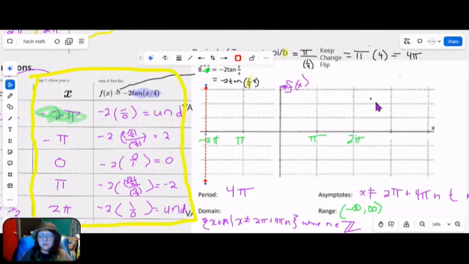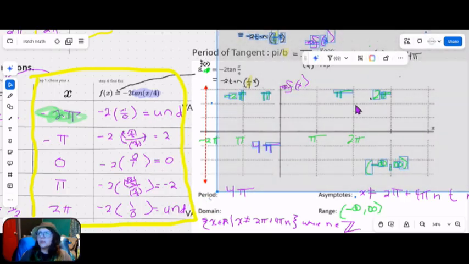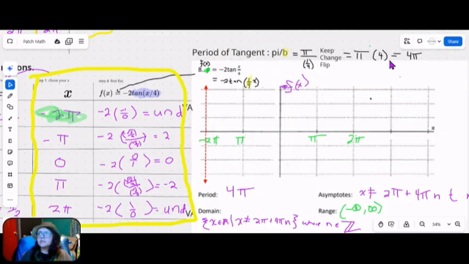It's a little off. There we go. And so we're going to copy and paste that over here. Nope. I have no clue what I just did. Apparently nothing. Cool. And now we do this, and there you have your vertical asymptotes.